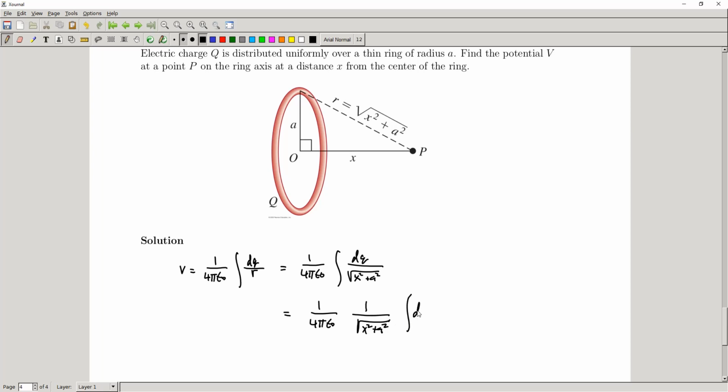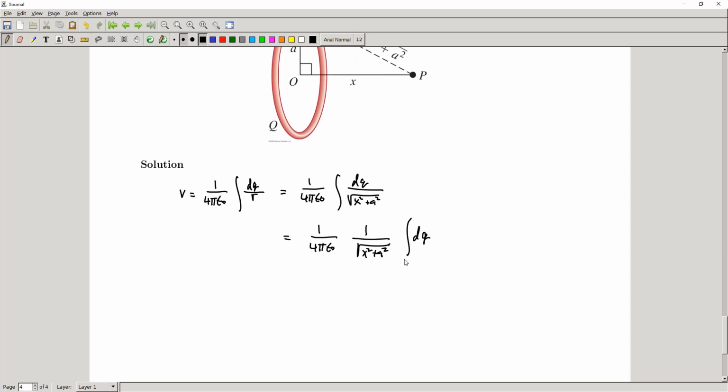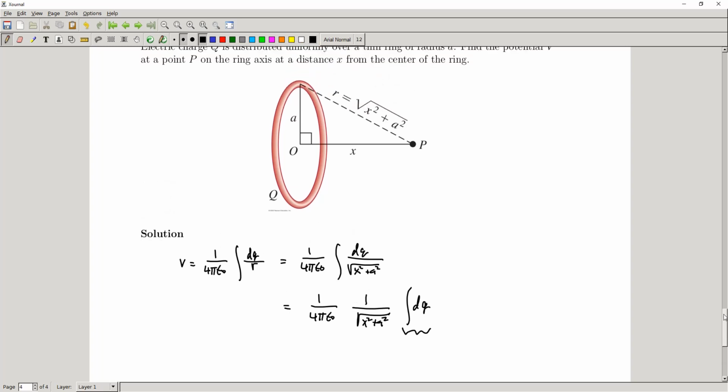And then we just have the integral of dq. But what does the integral of dq really mean? We're just integrating over all the little chunks of charge. We would often have to translate dq into other things, but that's only if we have other stuff in there. If it's only dq on its own and we're integrating over the whole ring, we pick up all the contributions of dq, and if we add up all the dq's, that just gives us Q back, our total charge.